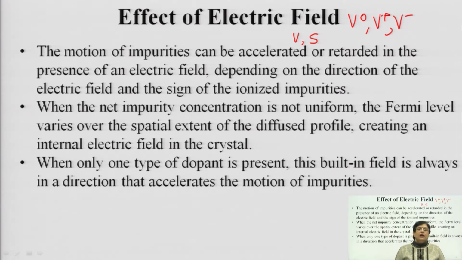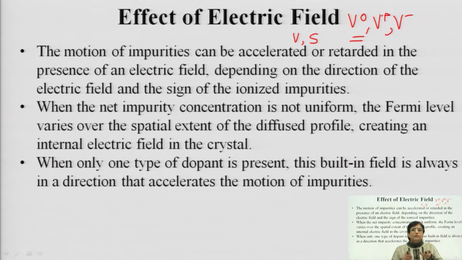If your dopant species are active, having already moved in, any electric field will further enhance the mobility of these diffused species within the bulk. So, the movement of impurities can be accelerated or retarded in the presence of an electric field depending upon the direction of the field and the sign of the ionized impurities.